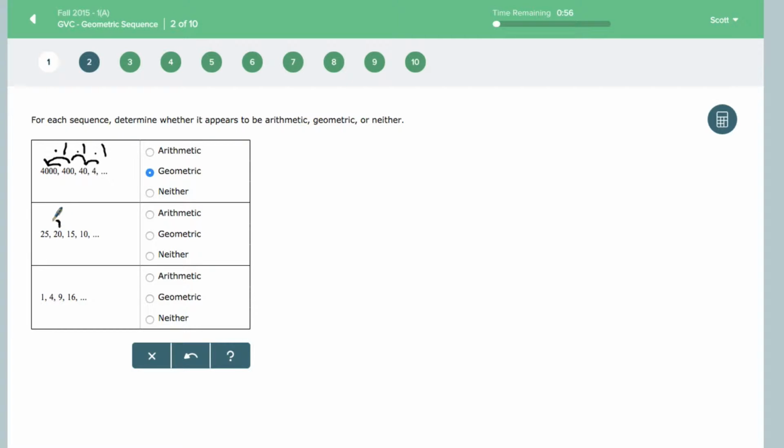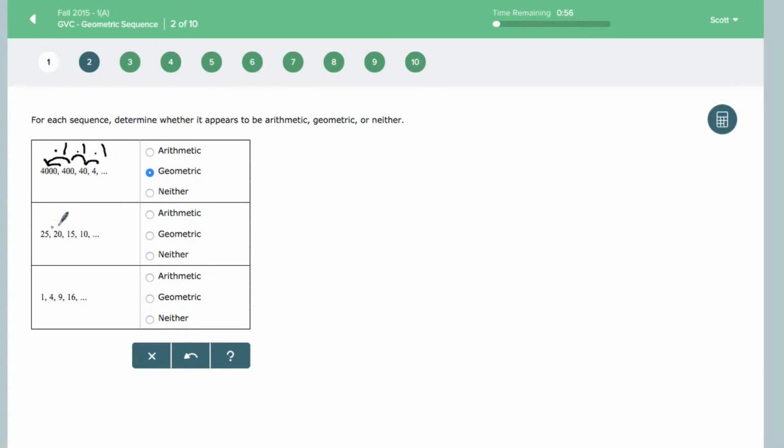20 divided by 25, I have to do on a calculator. I can't even do that one in my head. So 20 divided by 25 is 0.8. So we'll have 0.8 here. 15 divided by 20 is 0.75. So it is not geometric. And sometimes you can do it in your head quicker than that.